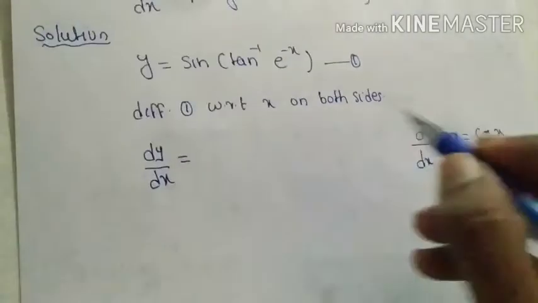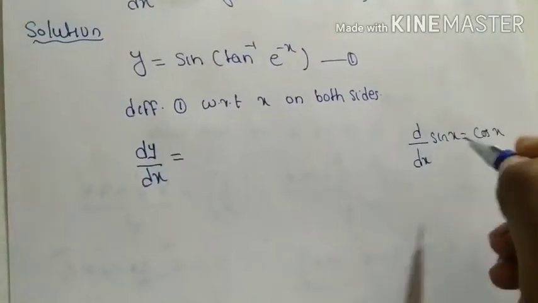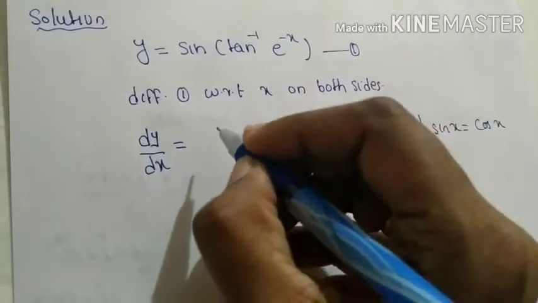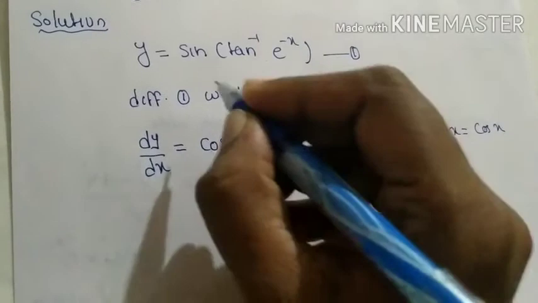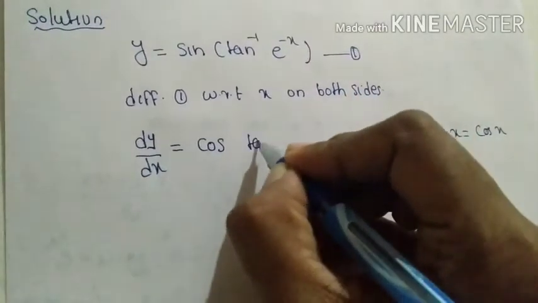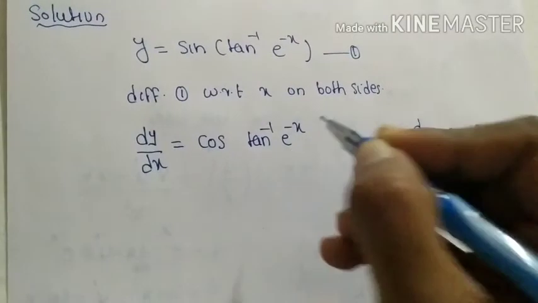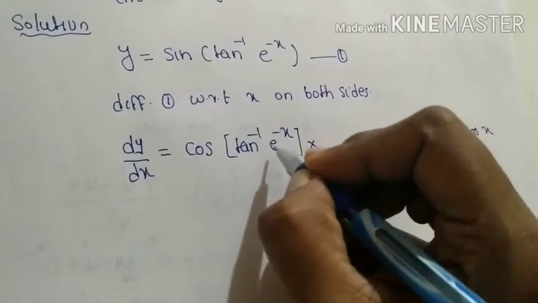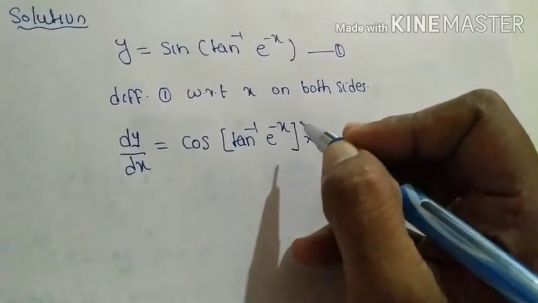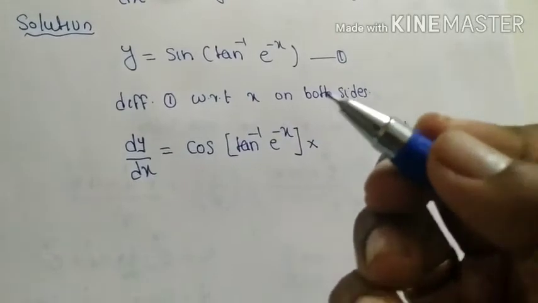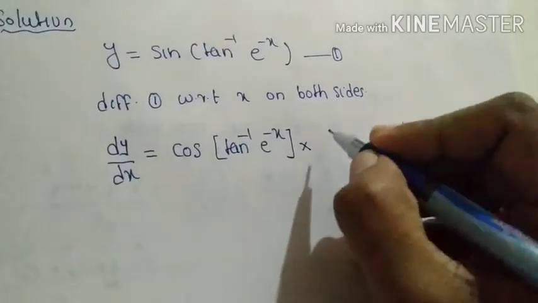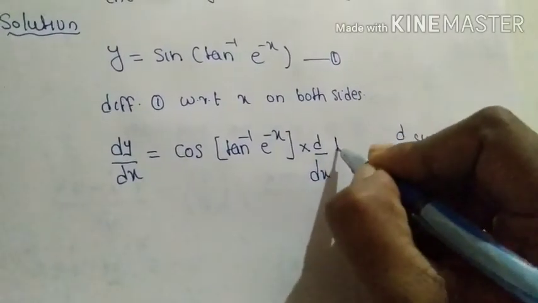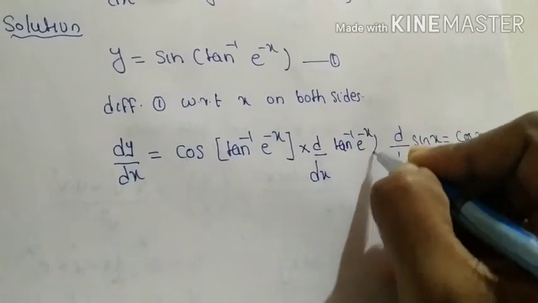We get cos of tan inverse of e raised to minus x into tan inverse of e raised to minus x is another function, right? So we need to apply chain rule here. So multiply with derivative of this function, that is tan inverse of e raised to minus x.